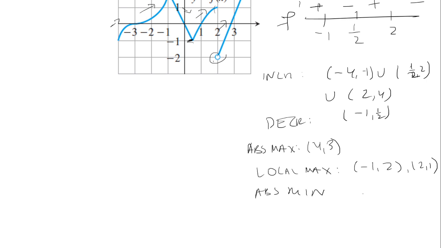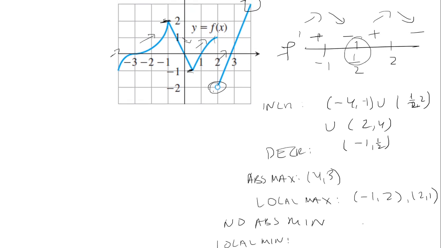Well, it would have been this one, but it's not defined there, so there's no absolute minimum. And then for the local min, we're interested in decreasing to increasing. So that's clearly at 1/2 here, and then also over here, so that's the endpoint, negative 4, negative 1.